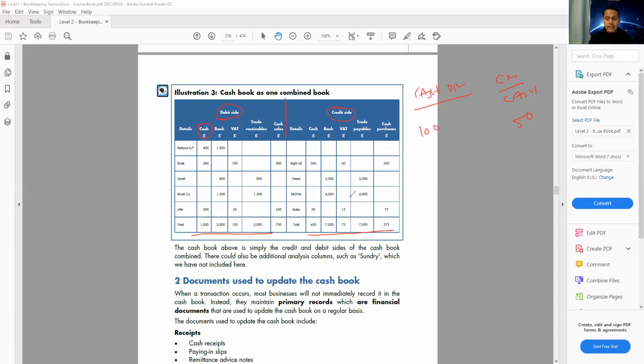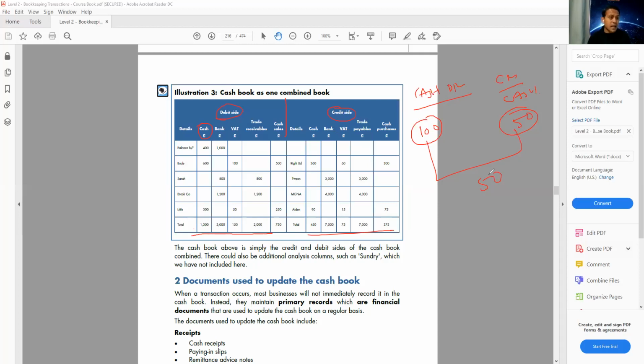That means I received £100 cash and I paid £50 cash. If the question asks how much is the cash balance left over, we can easily do that by subtracting the credit from the debit. The cash we received is 100 from the debit side, and the cash we paid is 50 from the credit side. So our cash balance remaining is £50.